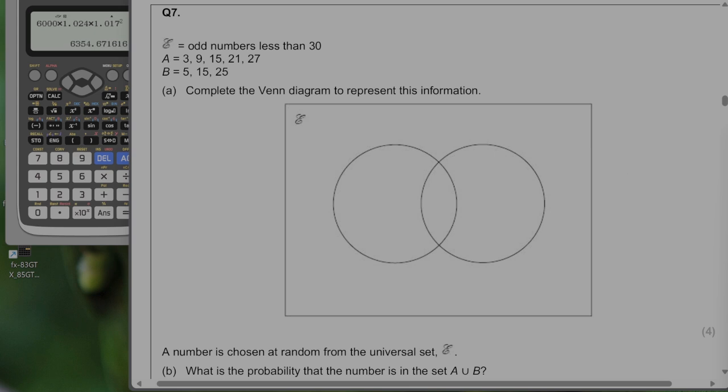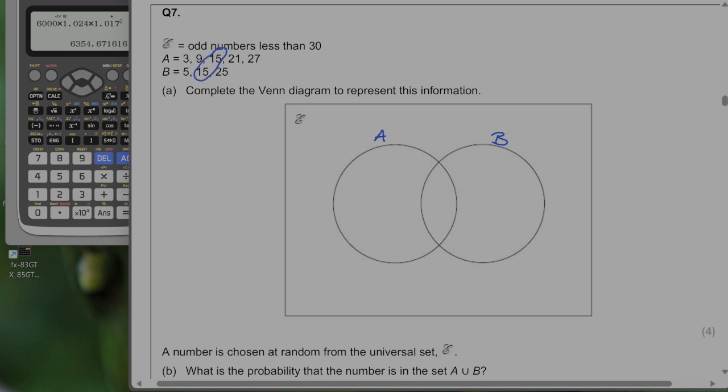Right, question 7. The universal set is odd numbers less than 30. Set A is 3, 9, 15, 21, and 27, and set B is 5, 15, 25. Complete the Venn diagram to represent this information. Right, so the first step is to label my two circles A and B. I'm going to do my intersection first of all.